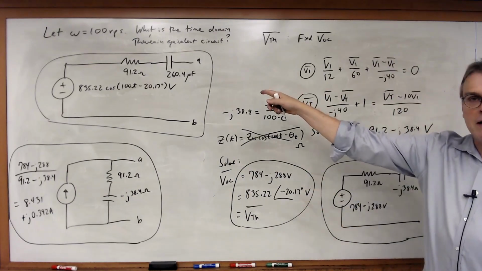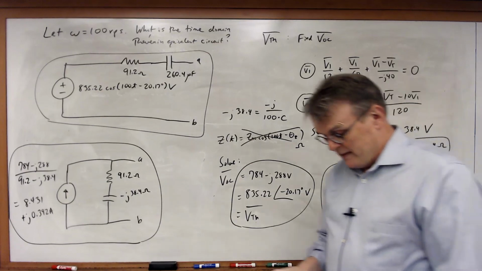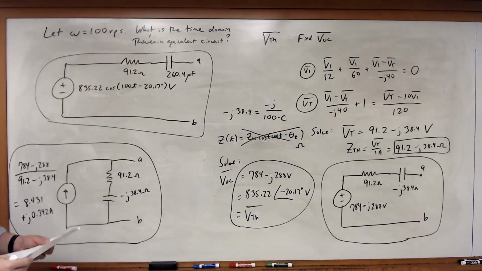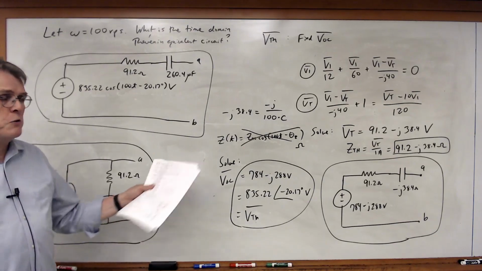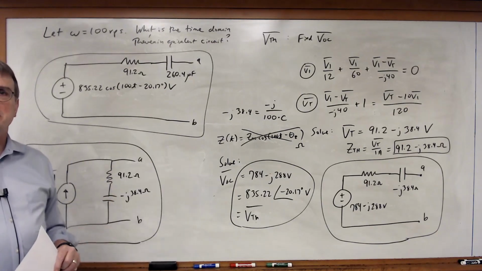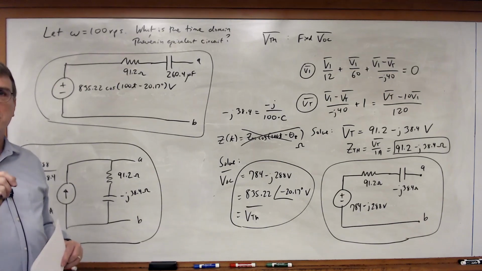So keep this in mind. Don't make a mistake like this if you're asked to do a transformation. Okay? So this has basically just been a quick little review of Thevenin, Norton, and also source transformation. Once again, there's no difference, no change in the techniques you see here. All you're doing is you're using complex numbers to solve.